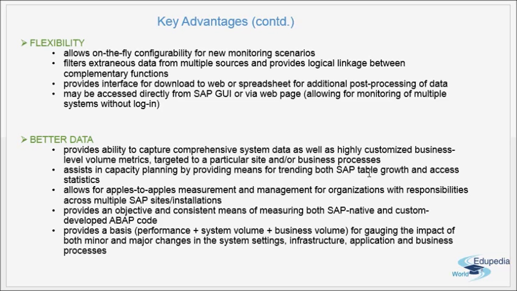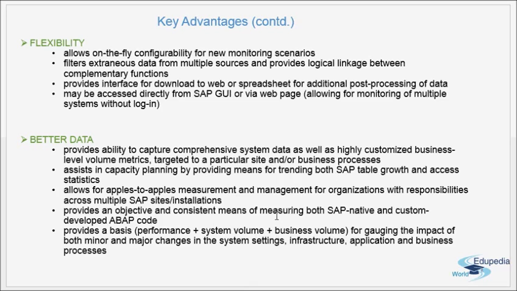It provides an objective and consistent means of measuring both SAP native and custom developed ABAP code. It provides a basis, that is performance system volume plus business volume, for gauging the impact of both minor and major changes in the system settings, infrastructure, application and business process.